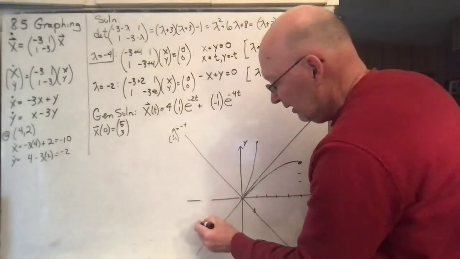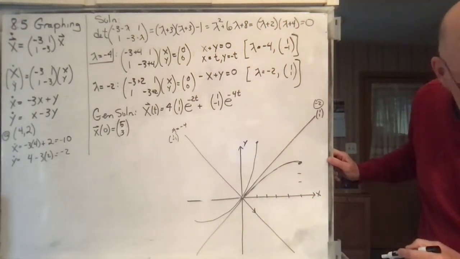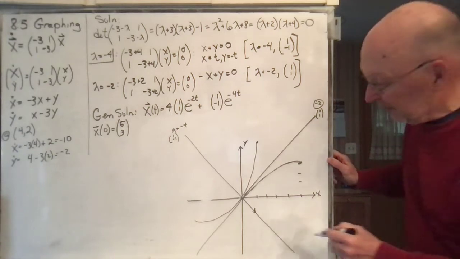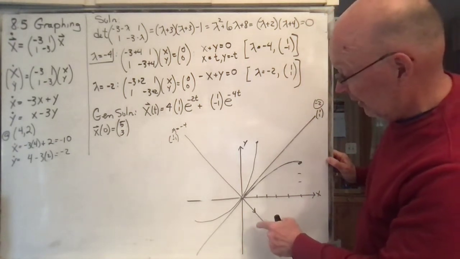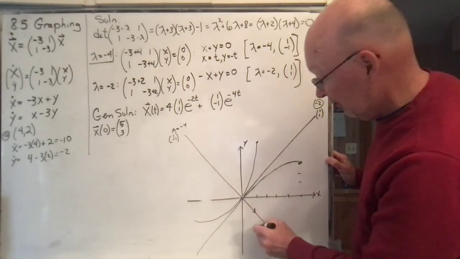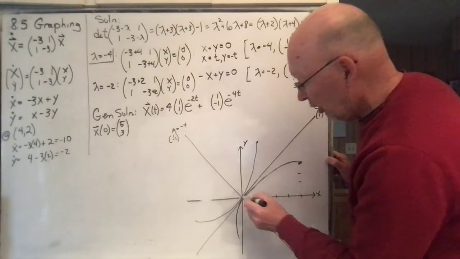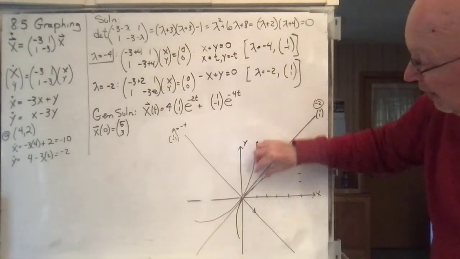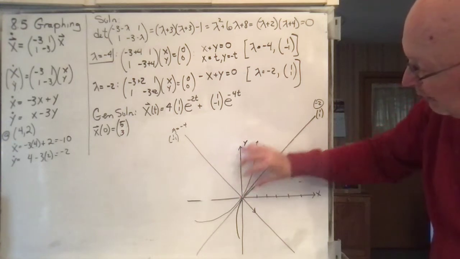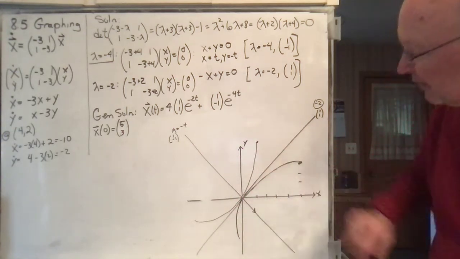If you start right here, it's going to come in along this one right there. If you start right here, it's going to come in along that one. So this is always the one that's going to be left, whereas the other one gets sucked down to 0, and you're going to come in along this eigenvector.